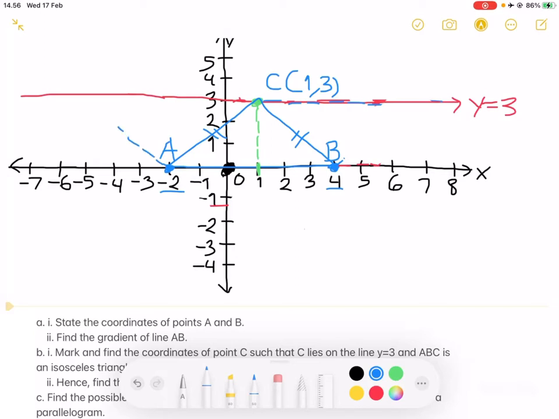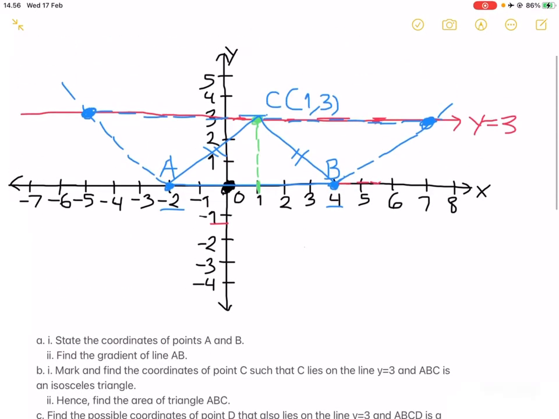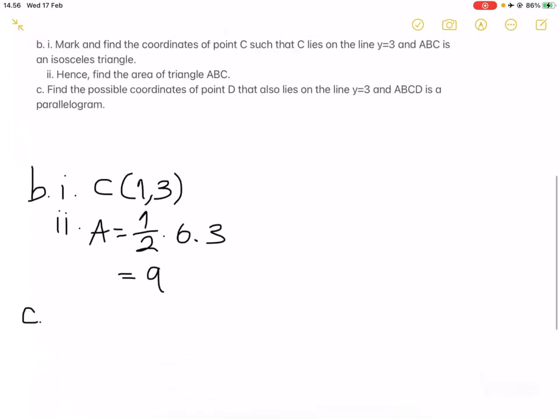So I just draw that right here, and then you can just do the same thing right here, and the point D could also be right here on this line. So actually there are two possible D coordinates, and if you do this on a sheet of graph paper, it will be much more accurate than this.